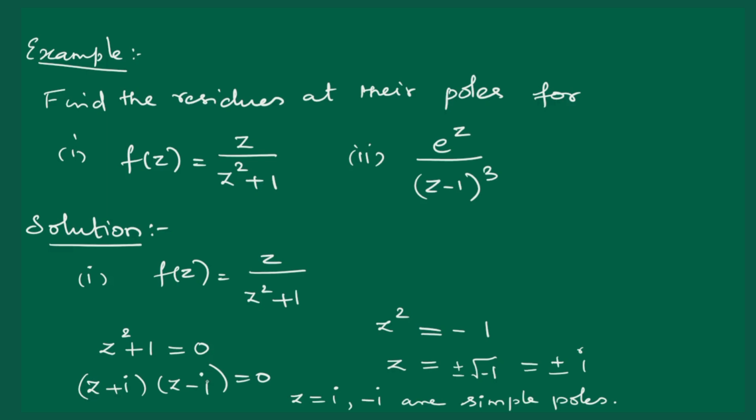Both factors are of power 1. The function can be written as z divided by z plus i into z minus i, and each factor occurs only one time, so they are called simple poles. Whenever it is a simple pole, what is the formula to calculate the residue? We have to recall the formula.